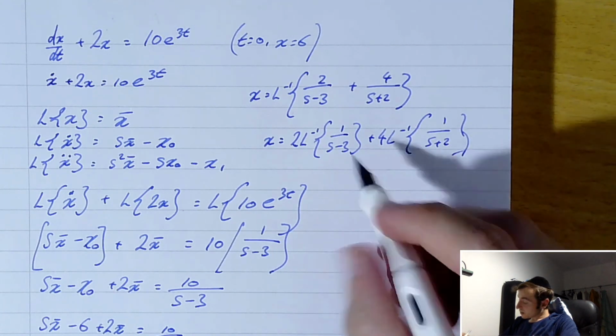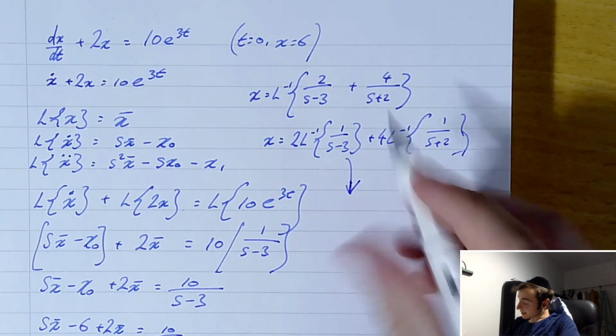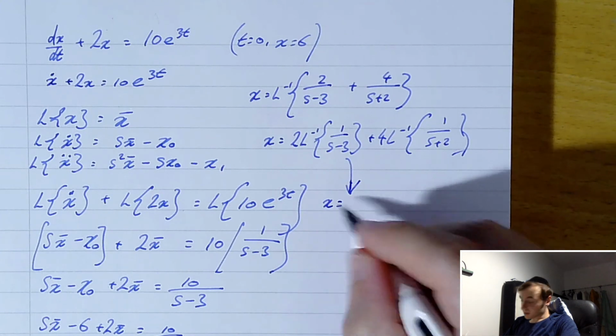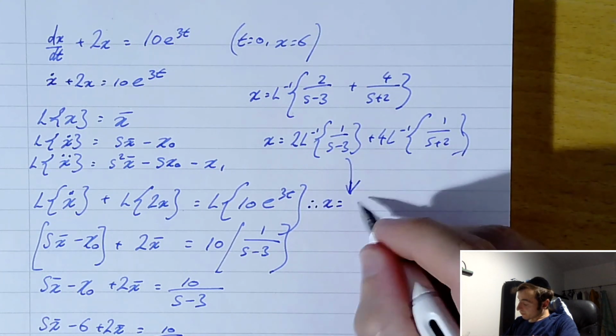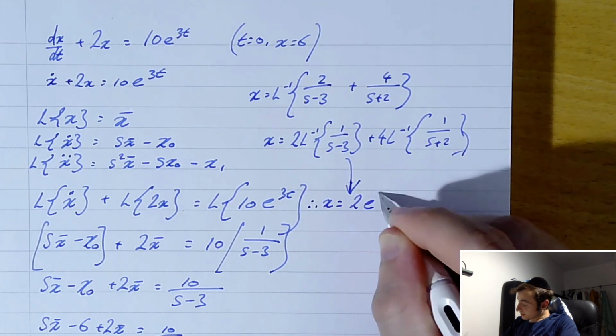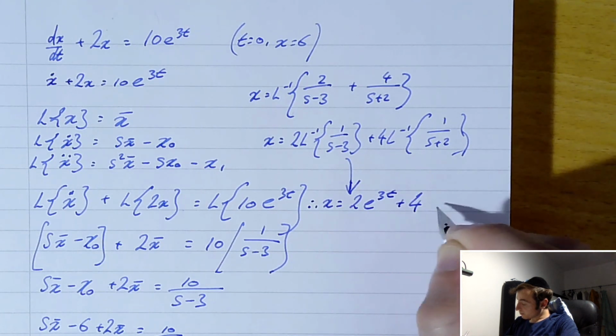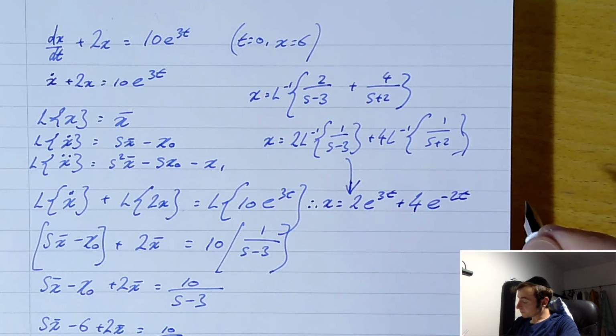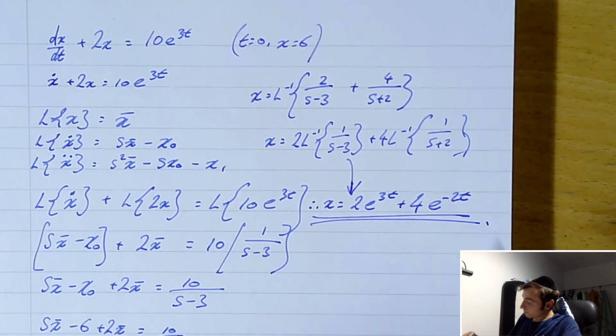So we can now say that therefore x equals 2e to the 3t plus 4e to the minus 2t. And that's our answer.